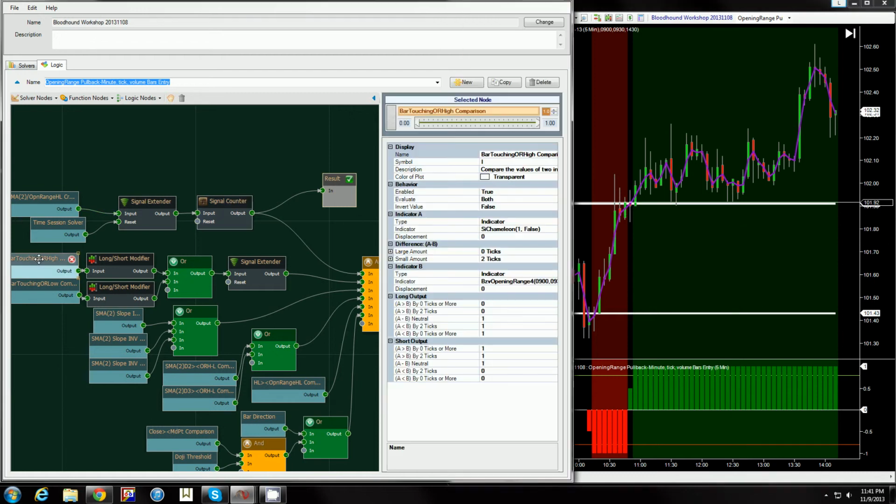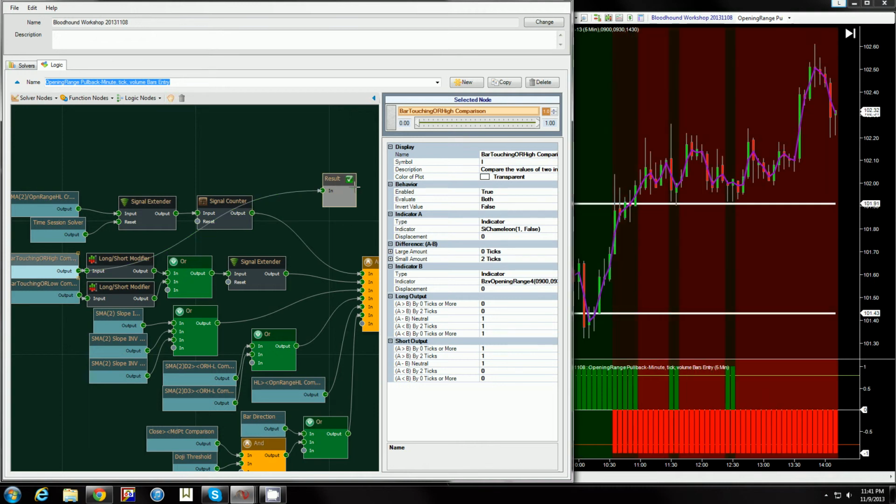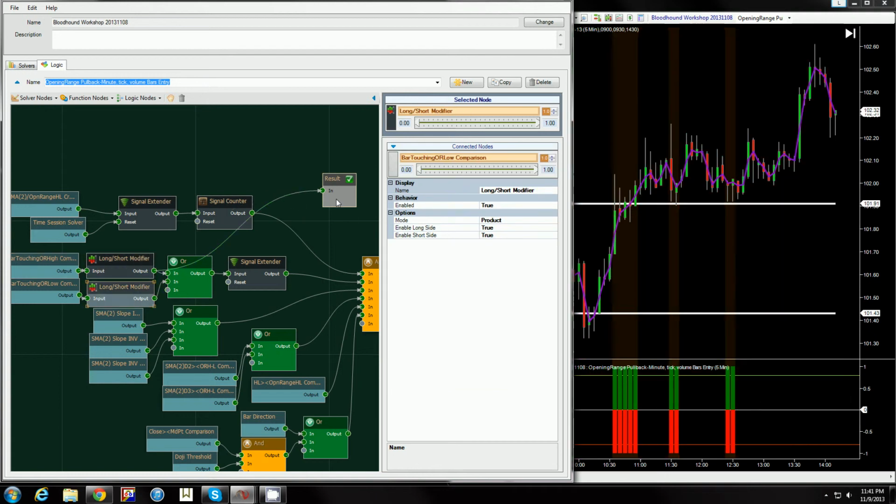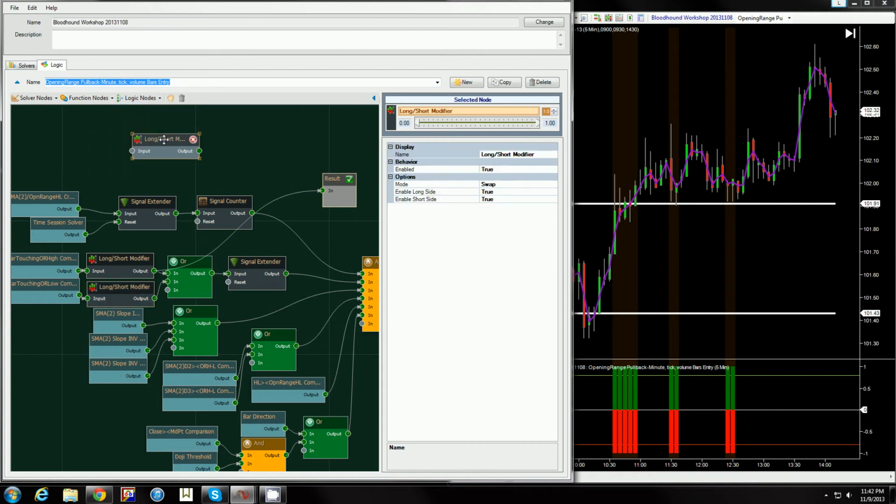So what I've done here is I've set the small amount to 2 ticks. Let me run it through the long short modifier. So the long short modifier is a function node, and you have all these different modes. You can swap long for short.